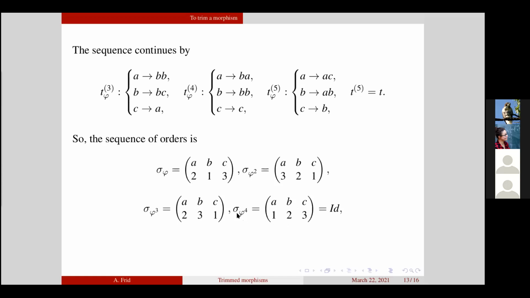In particular, here the morphism phi to the power 4 is order preserving. So if we needed something order preserving, here it exists, and we found it. In the general case, it is not the case, as we have seen in another example. So there is just a cycle of length 4. So for any given morphism, we can study everything, and it is not very complicated.